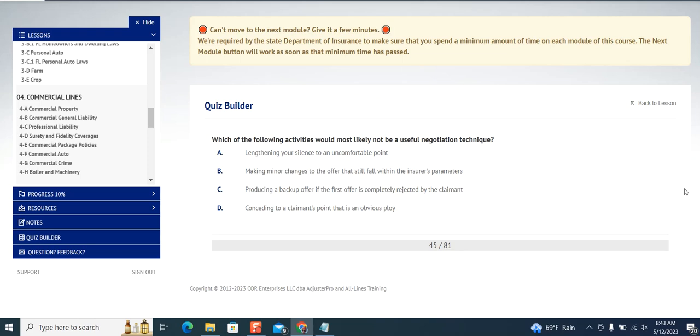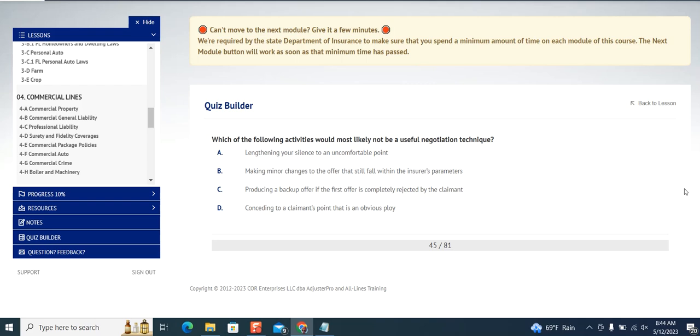Which of the following activities would most likely not be a useful negotiation technique? Lengthening your silence to an uncomfortable point. Sounds like A. I guess making minor changes to offer that still fall within insurance parameter.